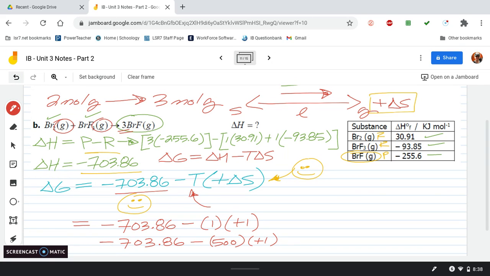And I usually use the 1s for the S values because, like I said, S's aren't very big. Okay, so once again, good chemistry student, if the answers are high temperature or low temperature, plug in a high and a low. Figure out what it's going to do. Okay, so negative 700 minus 1 is negative 704.